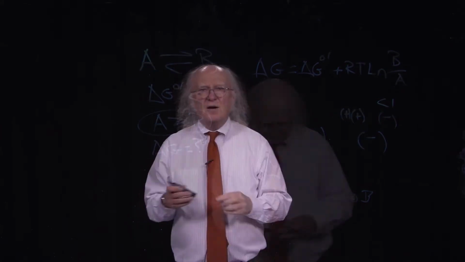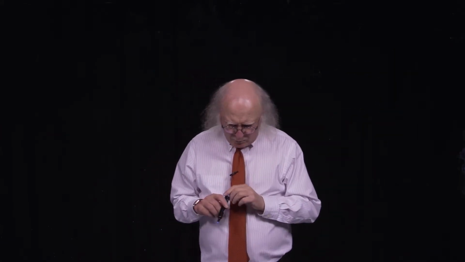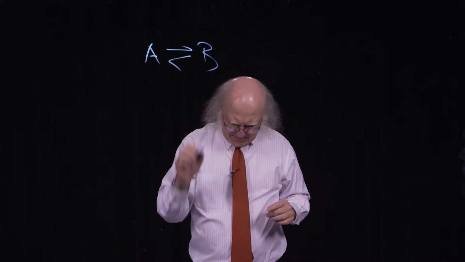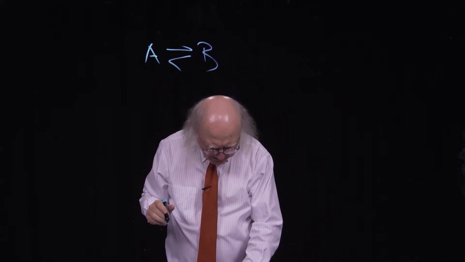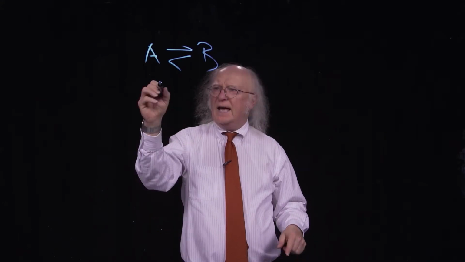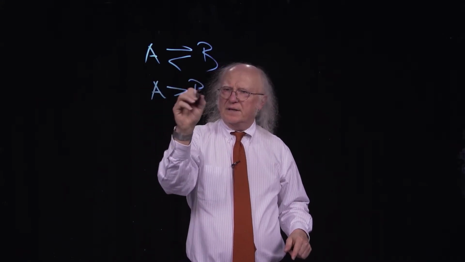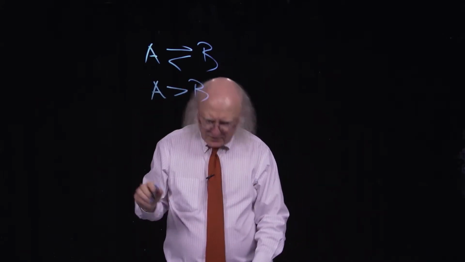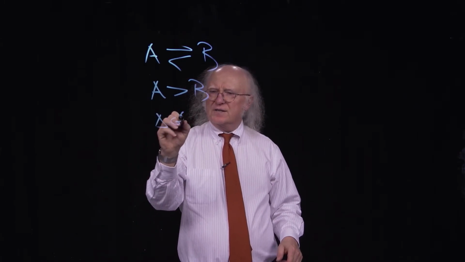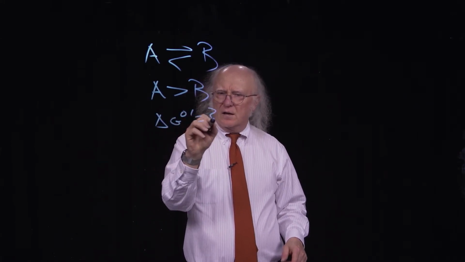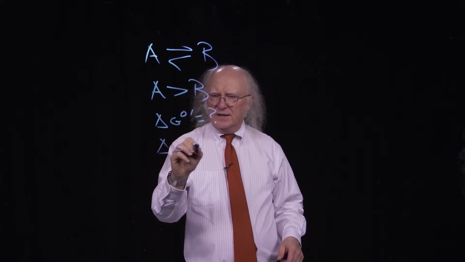Problem 4 says that when A is going to B, and it has more A than B, what can you say about delta G 0 prime and delta G?